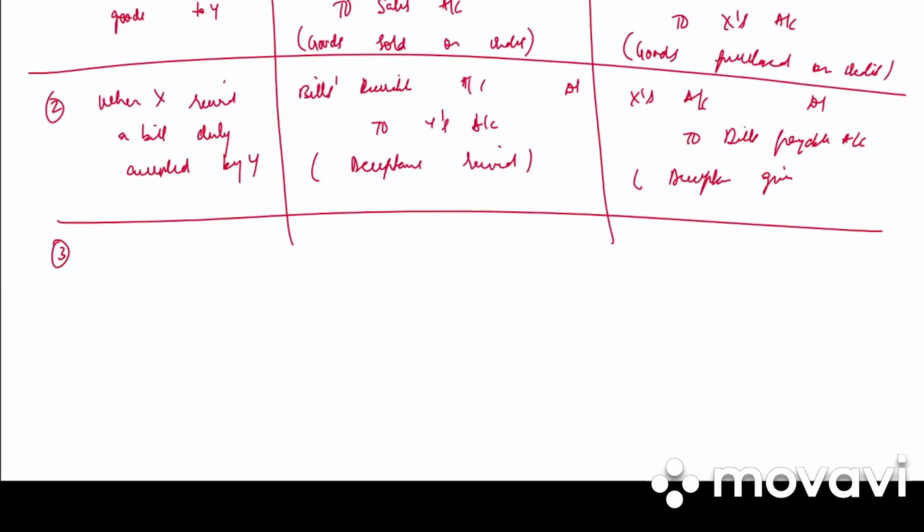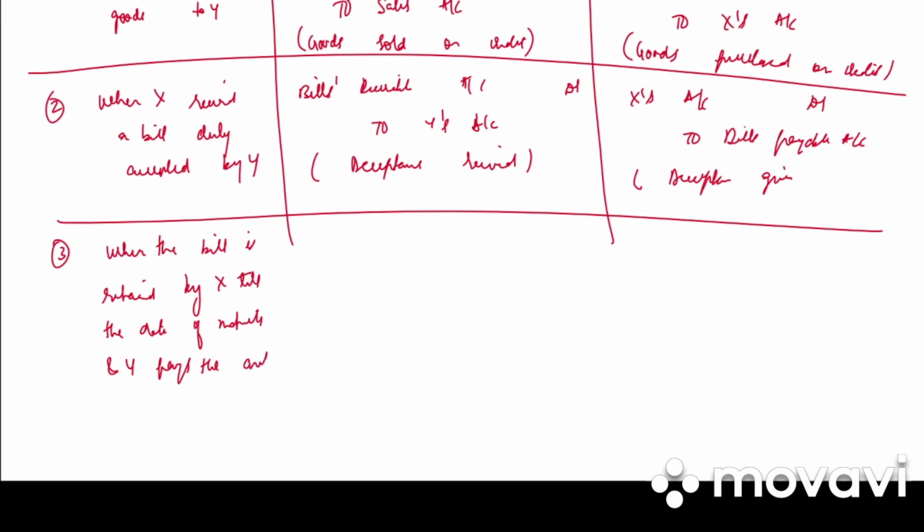Next, third one, when the bill is retained by X till the date of maturity and Y pays the amount of the bill on maturity.